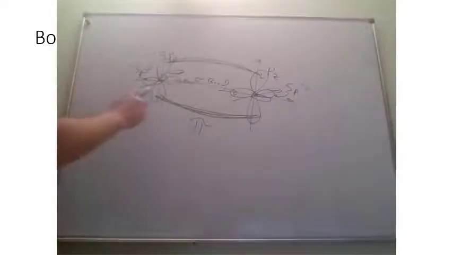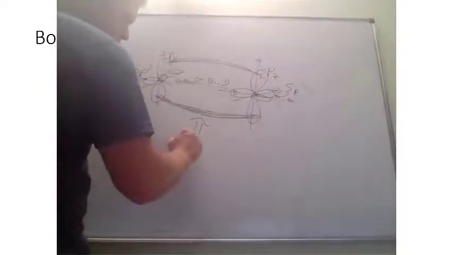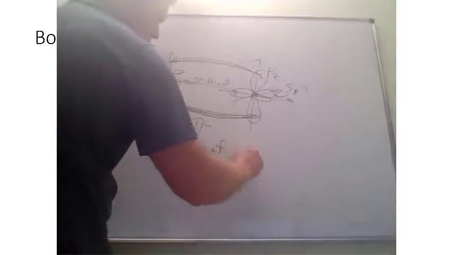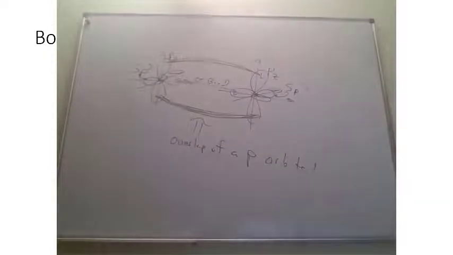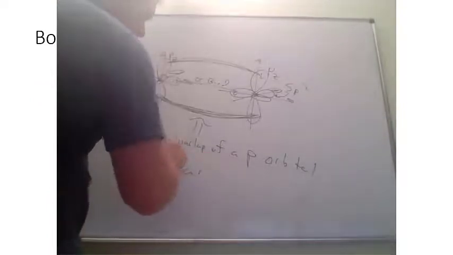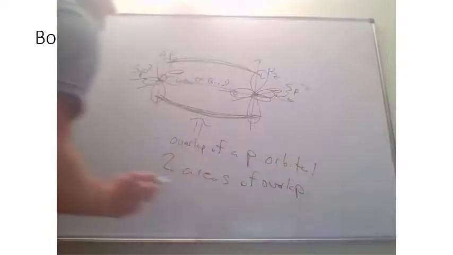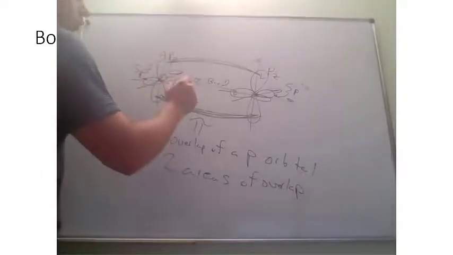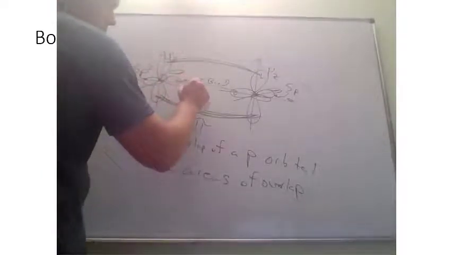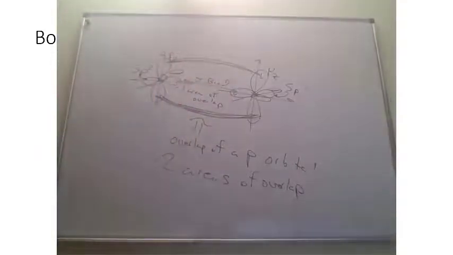A pi bond will always be an overlap of p orbitals, and there are going to be two areas of overlap, whereas a sigma bond is a direct overlap with one area of overlap.